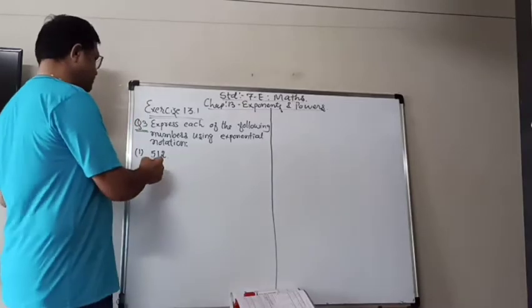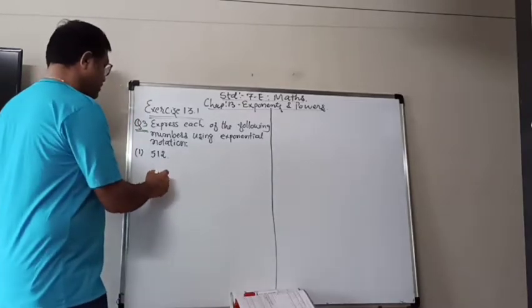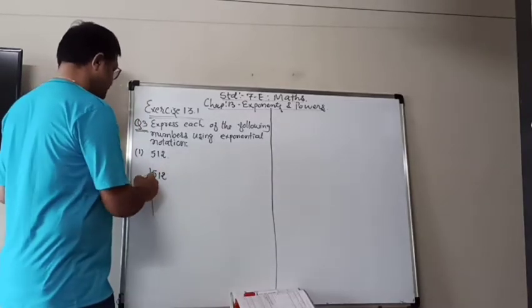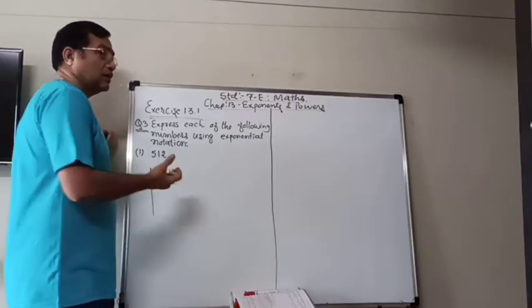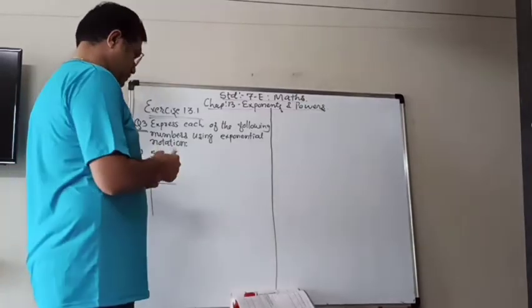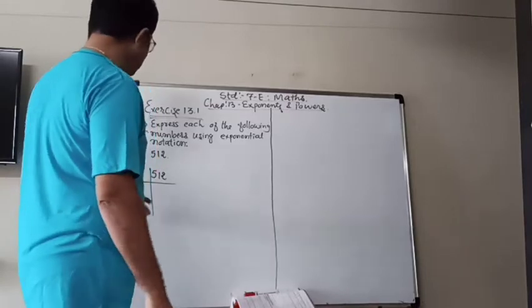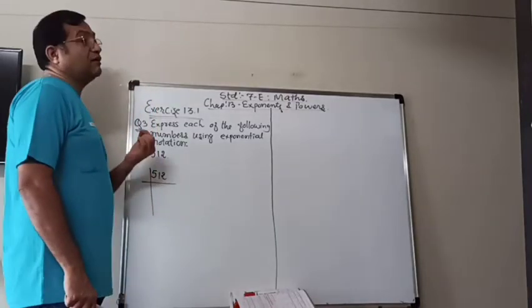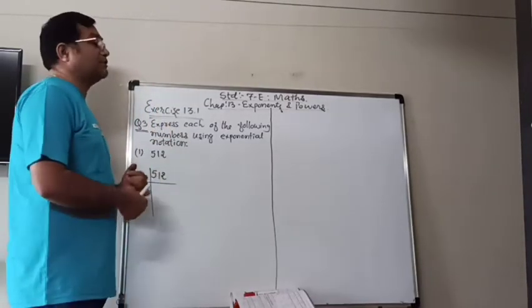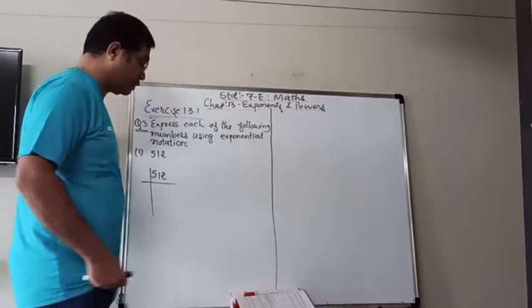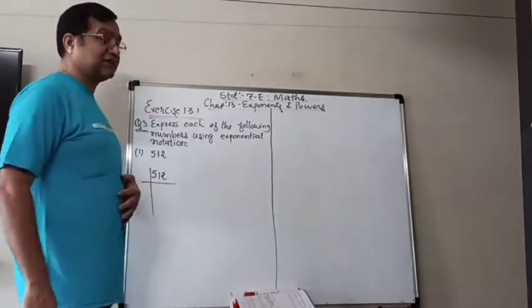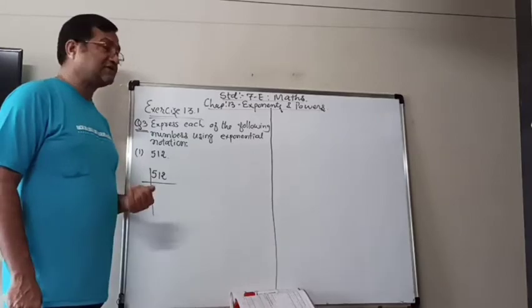Now, we know that when you want to write numbers in exponential form, the prime factorization is necessary.